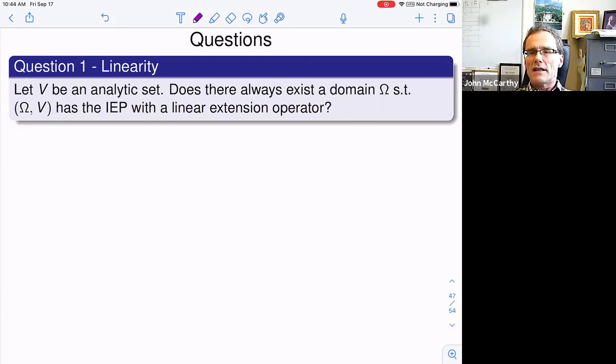And we know that when this happens, you can't necessarily do it linearly, but can you do it linearly if you shrink Omega? So if V is an analytic set, is there always some skinny domain Omega containing it so that the pair Omega, V has the linear isometric extension property?